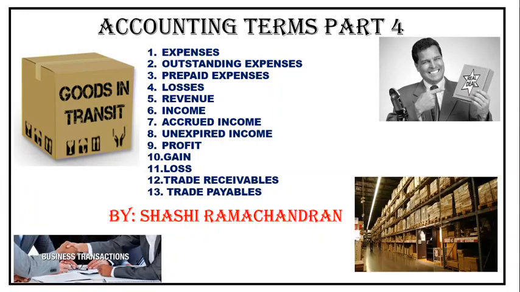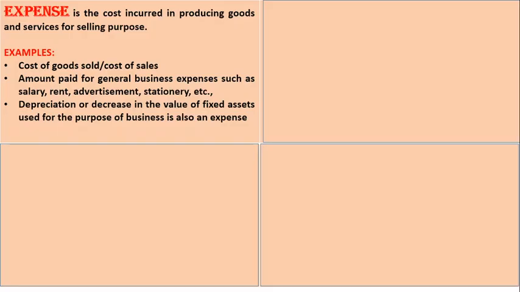So today we are going to learn these accounting terms, understand the meaning of these accounting terms. So let's begin with expenses. You all read about the capital expenditure and revenue expenditure in my previous video, and I told you that revenue expenditure, where the benefit of anything, like services or goods, is exhausted within a year, is termed as revenue expenditure or expenses.